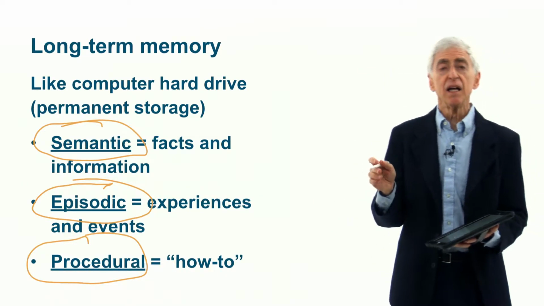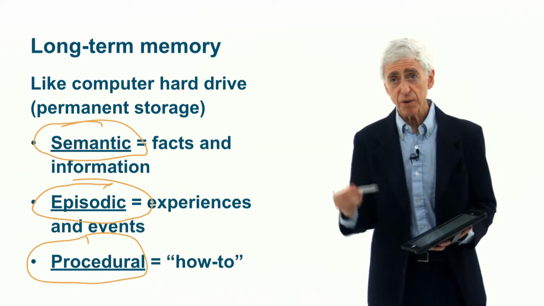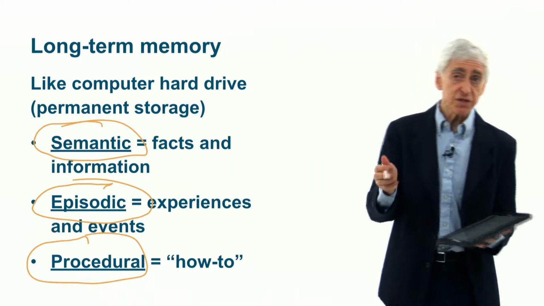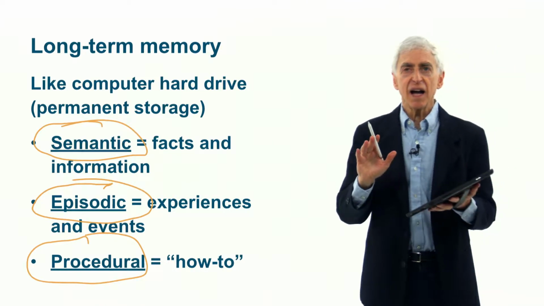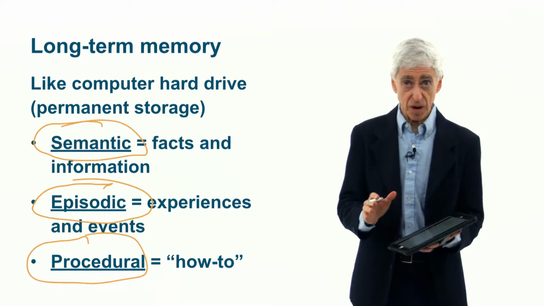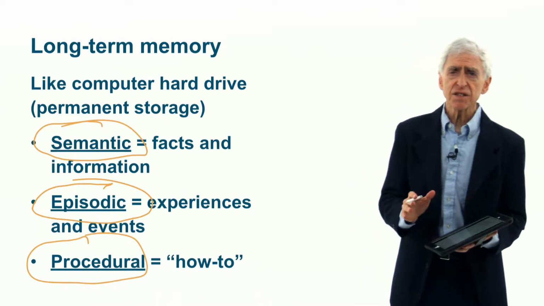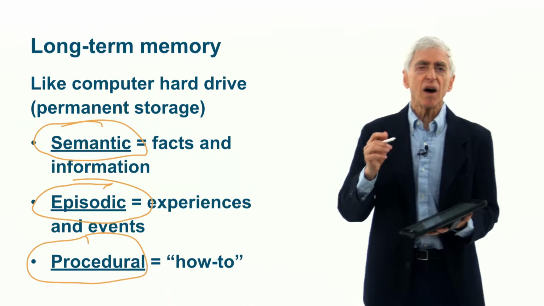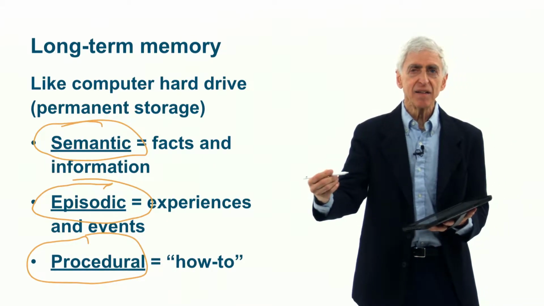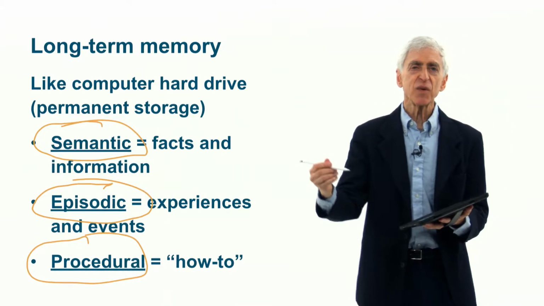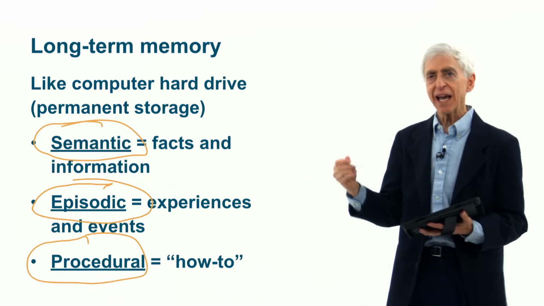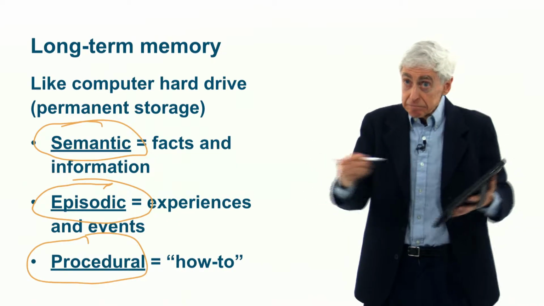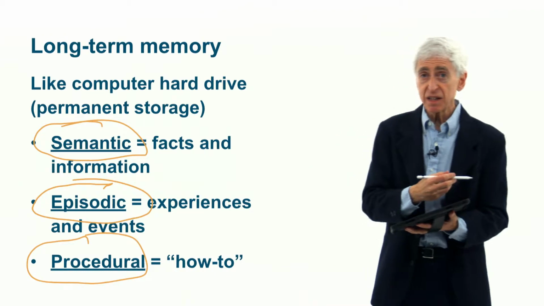By the way, the fact that we have these 3 separate areas is also a potential problem for memory, because sometimes things get cross-circuited and our memory of a fact associated with the memory of the event that led to that fact might not be accurate.